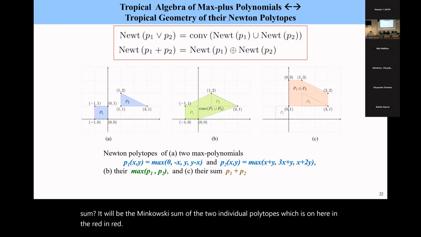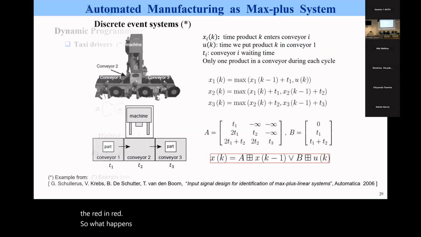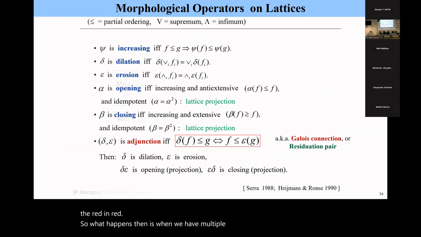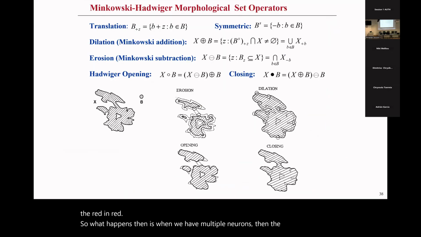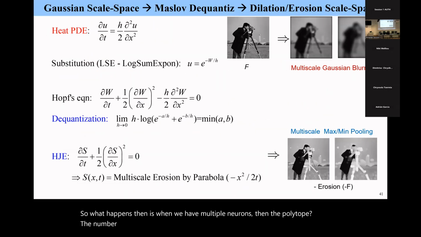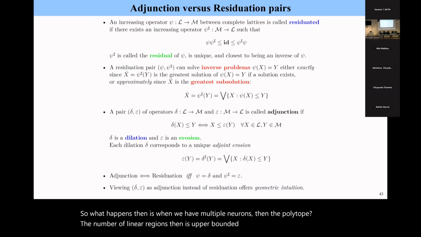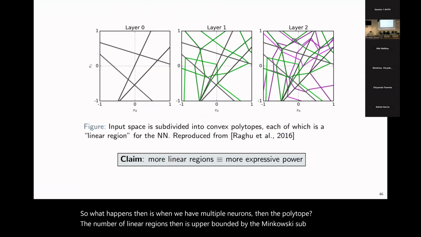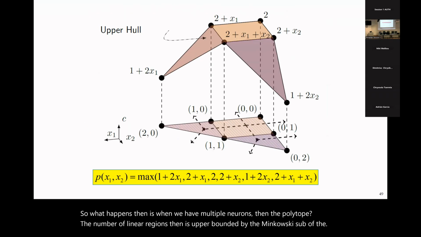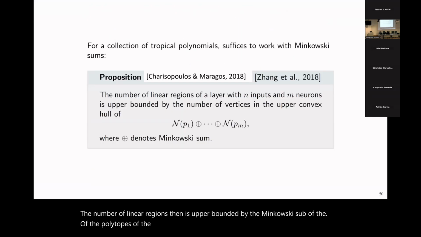So what happens when we have multiple neurons is that the number of linear regions is upper bounded by the Minkowski sum of the polytopes of the individual neurons.